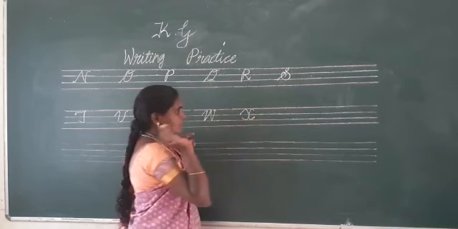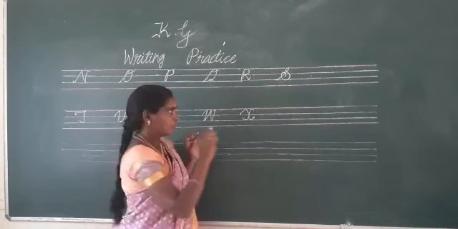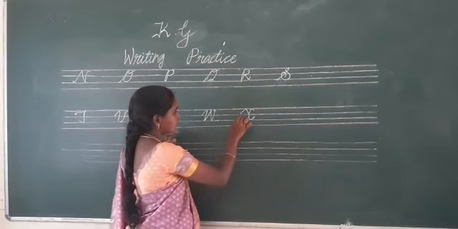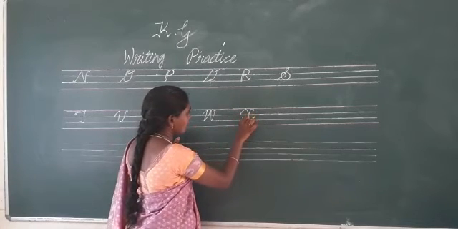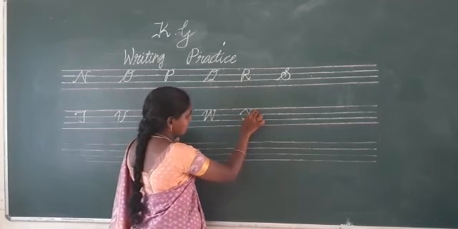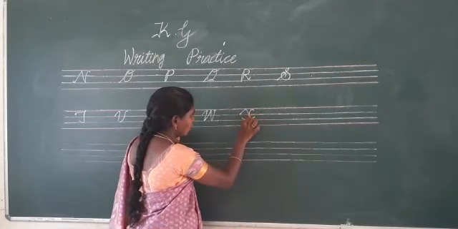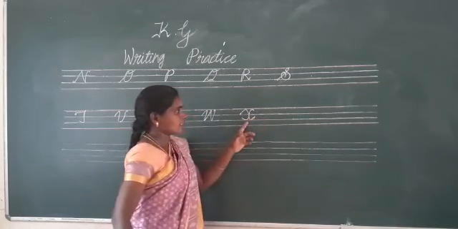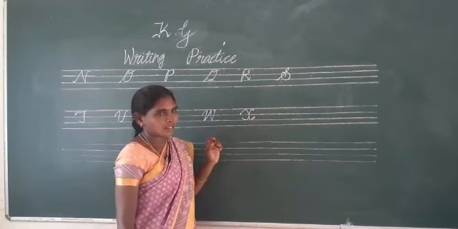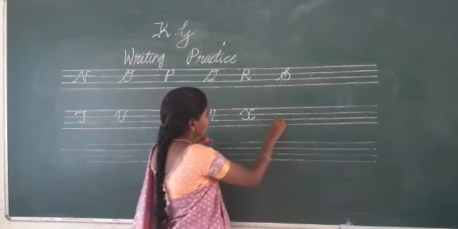This is letter X. Okay children, can you follow? A slanting with a curve and a small bend and another curve that is facing outward makes the letter X.